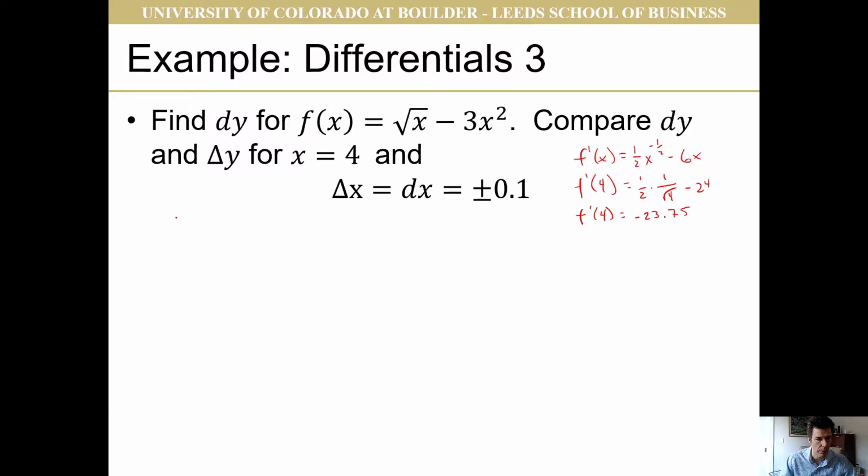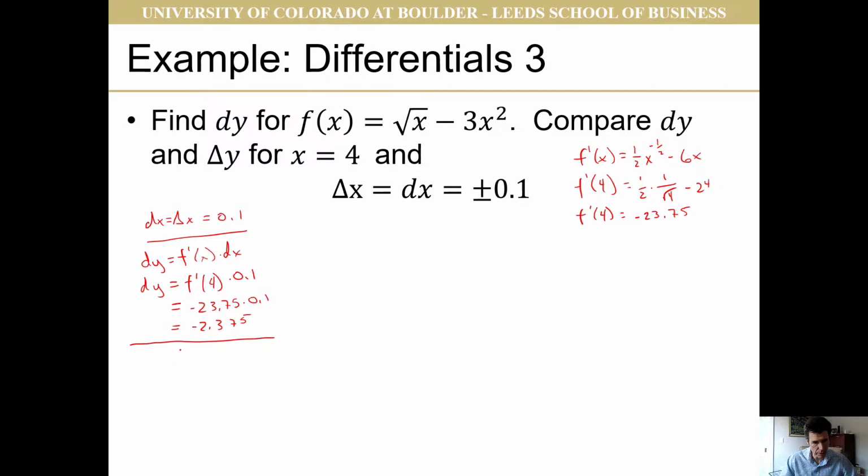Okay, so we'll calculate for dx equals delta x equals 0.1 first. Well, dy equals f prime of x times dx. So dy equals f prime of 4 times 0.1, which is negative 23.75 times 0.1 equals negative 2.375. That's for dx equals plus 0.1.